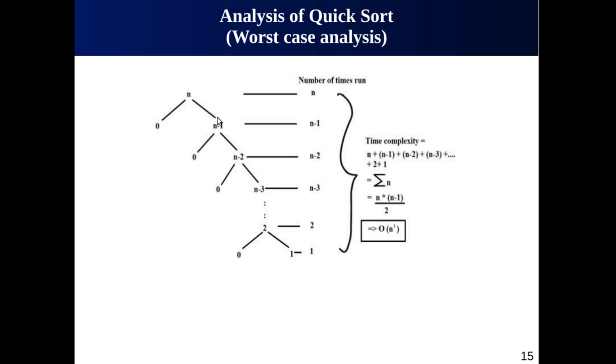So in this case, if you call the recursive function, it will be on 0 and n minus 1. As we saw in the merge sort algorithm, the time for a given recursive call on an n element subarray is theta n. We know it from merge sort.